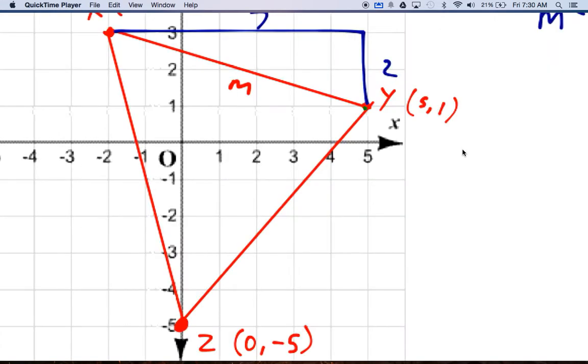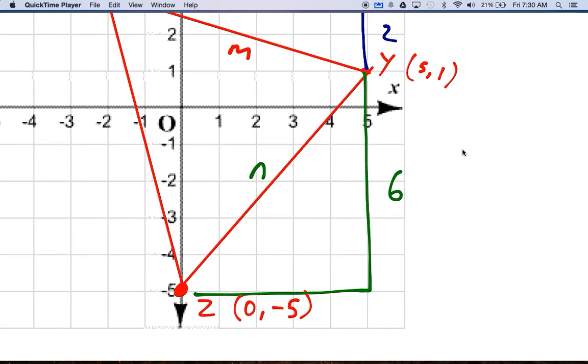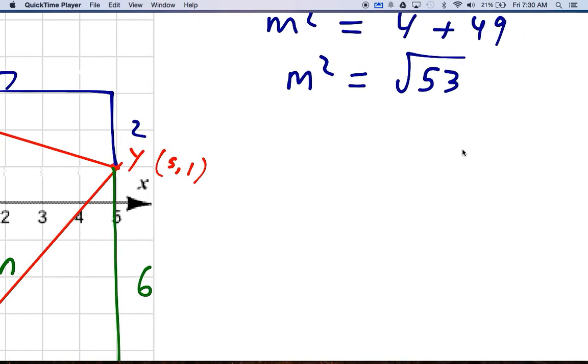Let's go ahead and solve this side length. I'm going to call this one n. This one goes down 1, 2, 3, 4, 5, 6, and goes over 1, 2, 3, 4, 5. So we can say n squared equals 5 squared plus 6 squared.